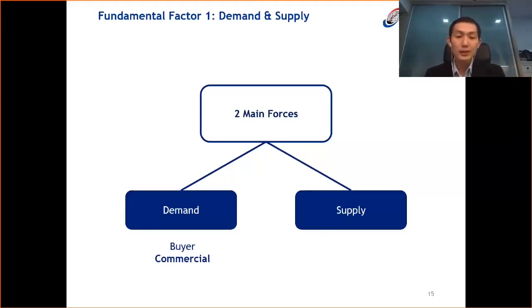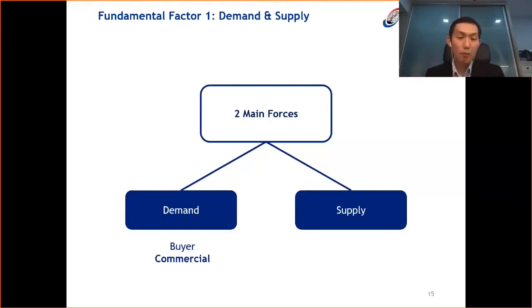And commercials are concerned about the CPO price because it is their raw material cost, and they want to buy it as low as possible. But if the FCPO price is really high, they don't mind buying at a higher price. Why? Because they are focusing on the end products, right? So a high raw material price is never mind, because they can increase the end product price.